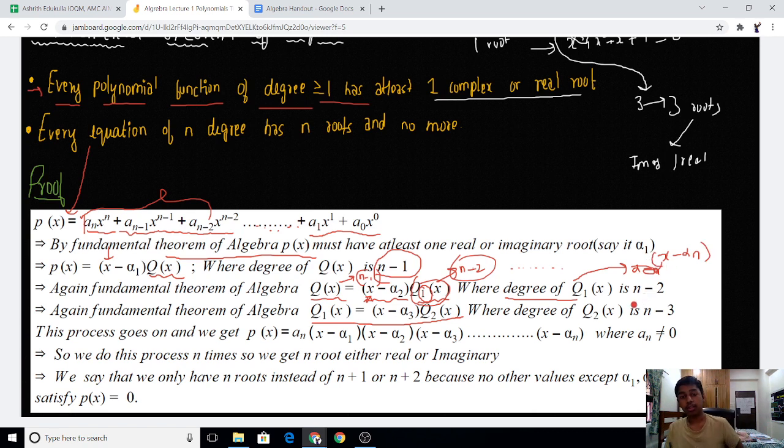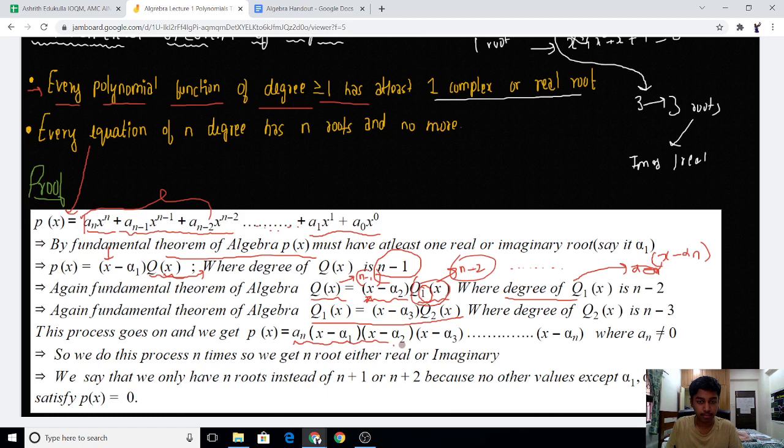See, first we had q of x, and then we are decomposing q of x as x minus alpha 2 into q1 of x, and again we are decomposing q1x into x minus alpha 3 into q2x. So it's going to decompose more, and we're going to get something like this.